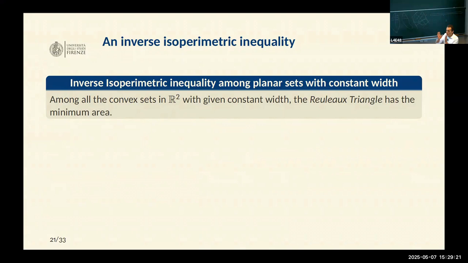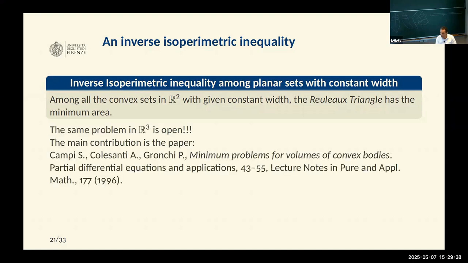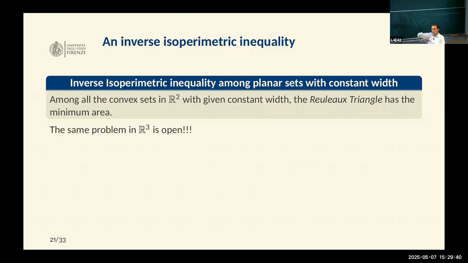But if you look only at sets with constant width, then you can prove an inverse isoperimetric inequality. You fix the width, which means you fix the perimeter, and the set with minimum area is precisely the Reuleaux triangle. The Reuleaux triangle minimizes the area among all sets with given constant width.